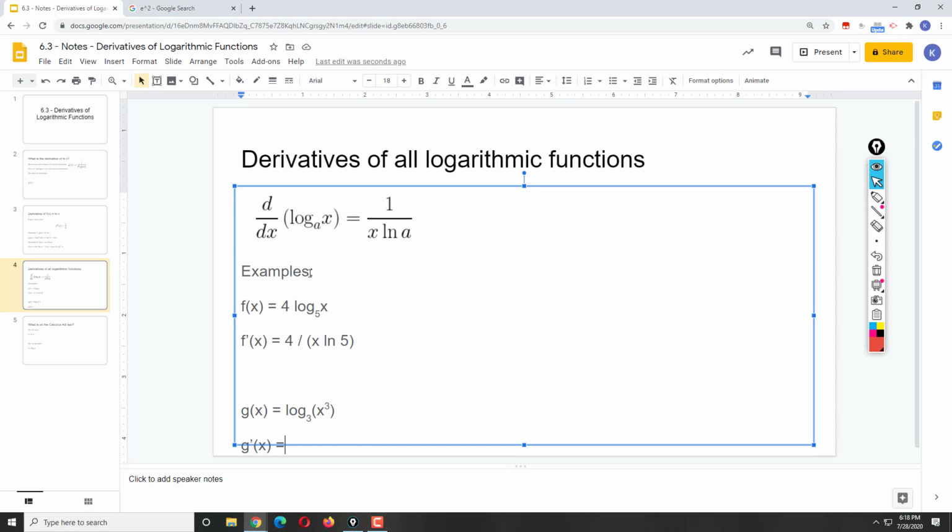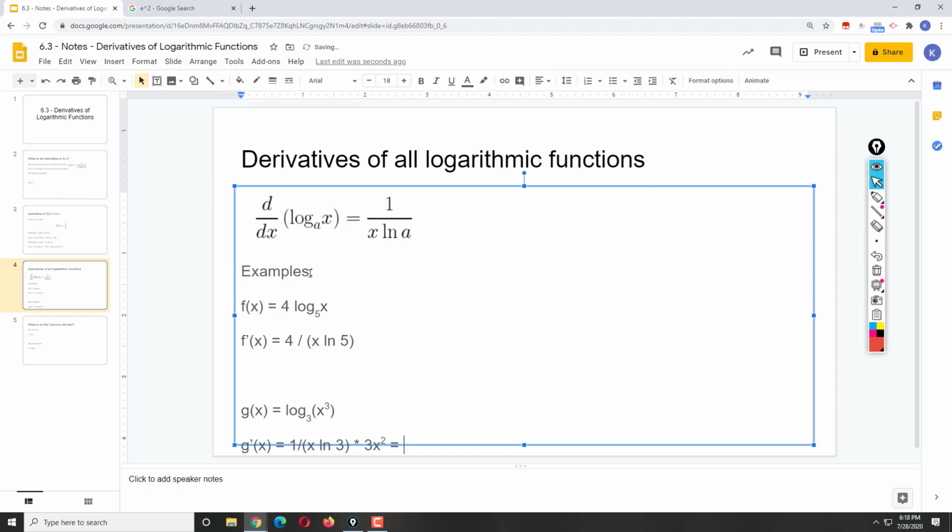Next example. g of x is equal to log base 3 of x cubed. Okay, well, the derivative of log base 3 of x would be 1 over x ln 3. We have to apply the chain rule. We have to multiply that by the derivative of x cubed, which is 3x squared.